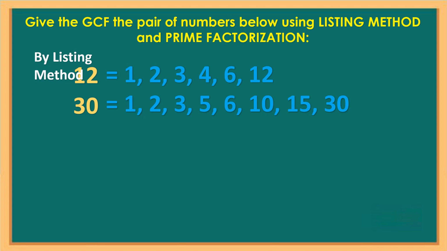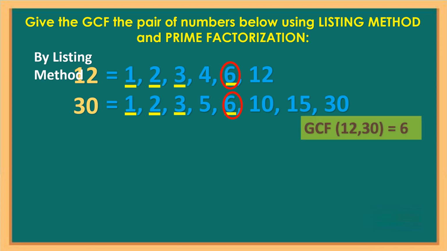The common factors of 12 and 30 are 1, 2, 3, and 6. So both of them have 1, 2, 3, and 6 as their factors. However, 6 is the greatest or the highest or the biggest. Therefore, 6 is the GCF of 12 and 30.